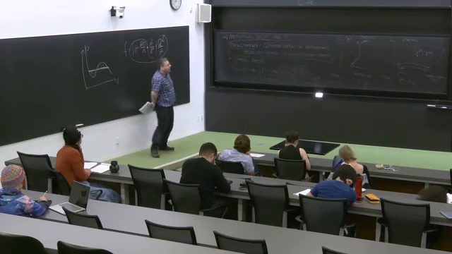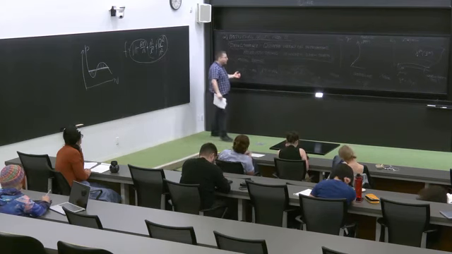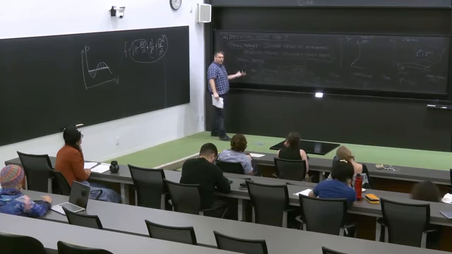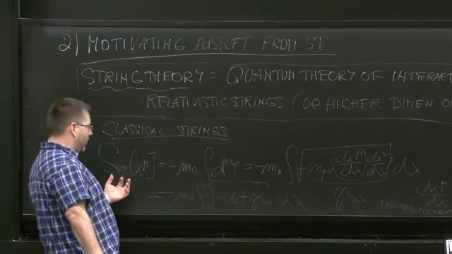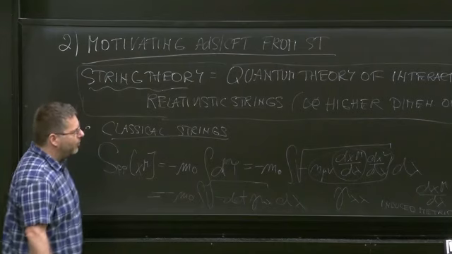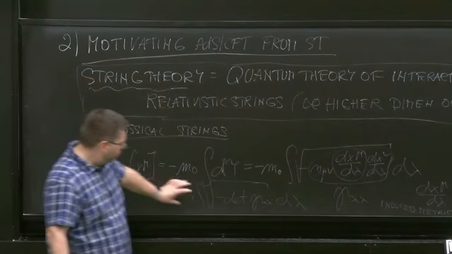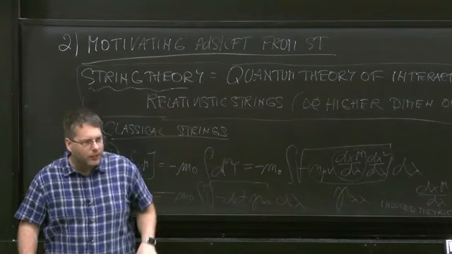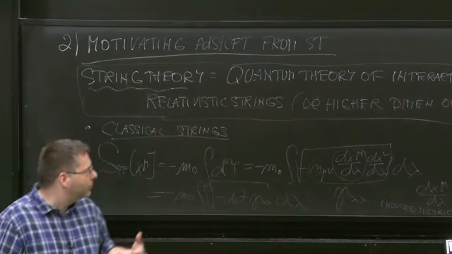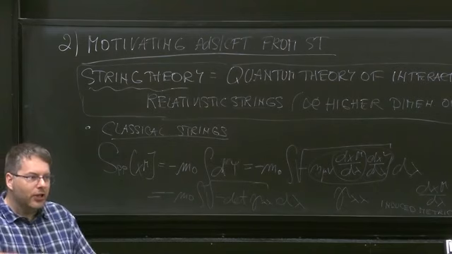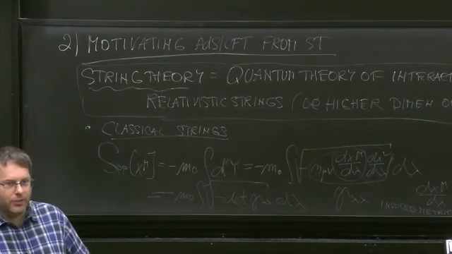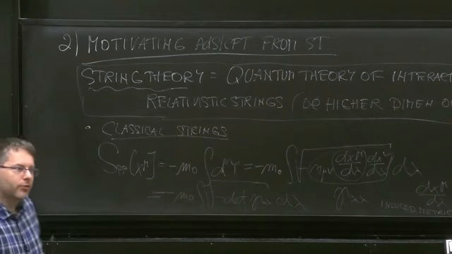Now, if you want to describe the motion of a free string, you may think: if I have a free particle, I want to extremize the length of the world line. Here, you may want to extremize the area of the worldsheet, and maybe that's a prescription for the motion of a free string.